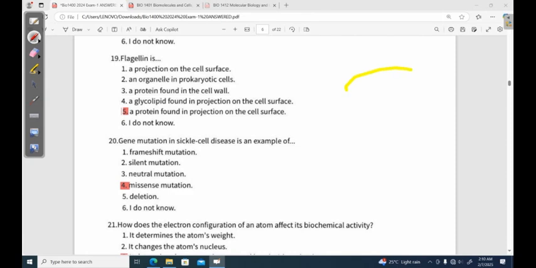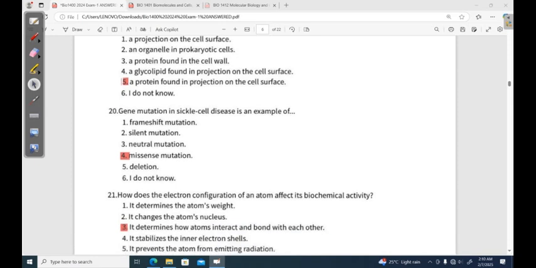Flagella is what helps the bacteria to be propelled forward. Within this flagella is a protein called flagellin, or rather flagellin is what makes up the flagella or flagellum.